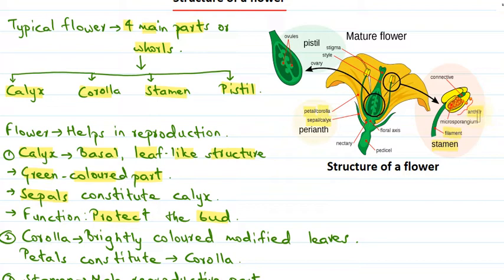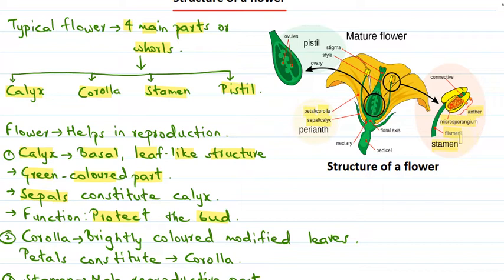Within the anther there are pollen sacs, or microsporangia. Then there is the filament, which connects the anther to the flower. The stamen is also known as the androecium, another name for stamen.